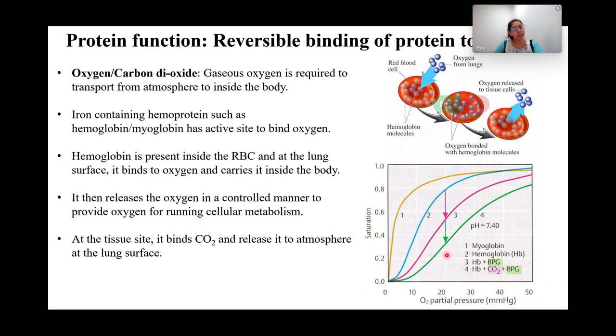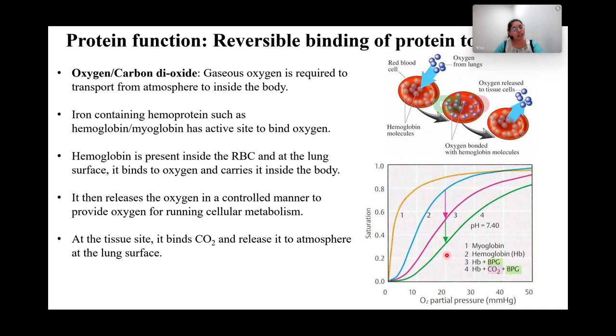So just to give you a quick recap, you have receptors here. These receptors can bind to any chemical messenger and then carry the message forward by several reactions inside the cells. Enzymes, as we have already mentioned, can bind and change it to some product. You have a channel, so ions will move inside the channel upon a cue. So let's say there is some ion that needs to be moved inside the cell. The channel will open up and the ion will move inside.